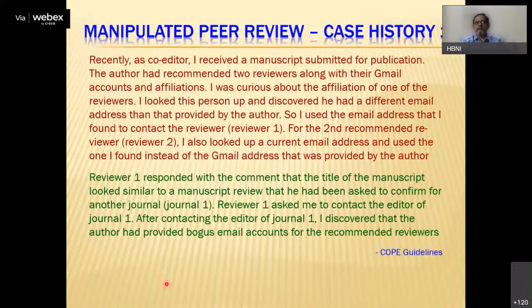So I used the email address that I found on the internet to contact that particular reviewer, which he calls reviewer 1. And for the second recommended reviewer, reviewer 2, he also looked up a current email address and used the one which he found on the internet instead of the Gmail address that was provided by the author along with his manuscript.